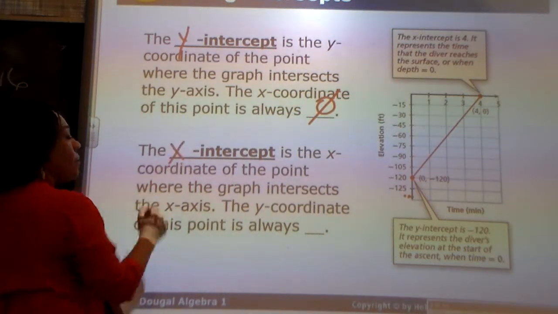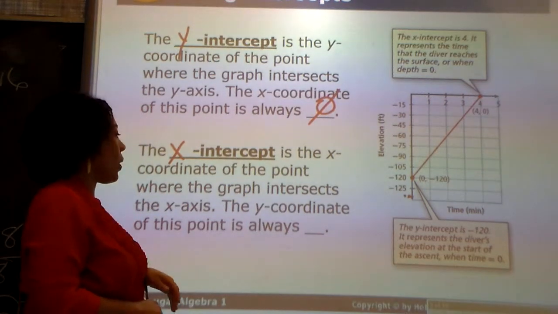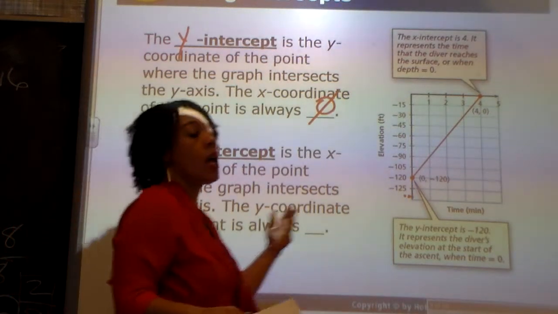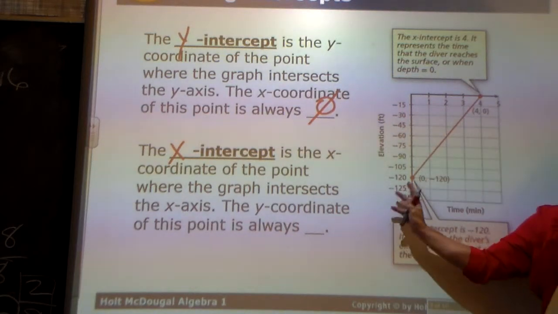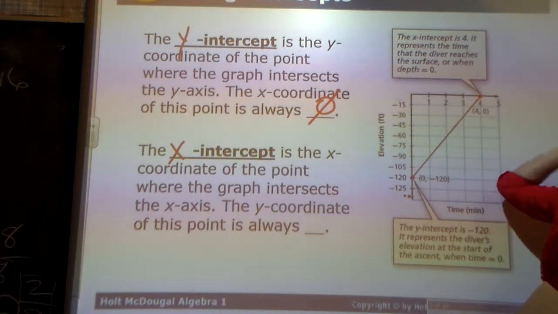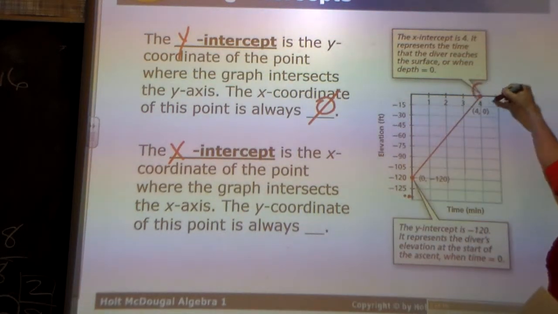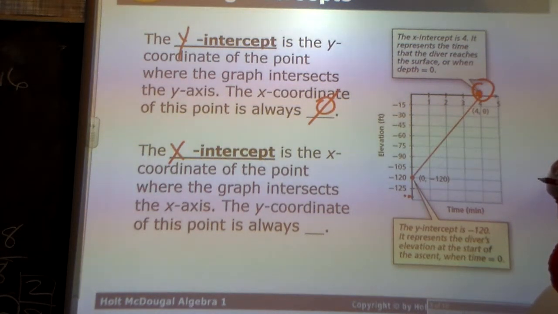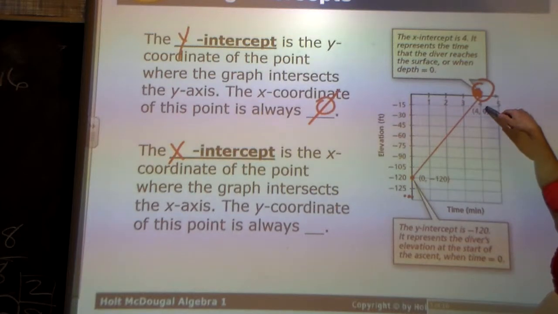Likewise, the x-intercept is the x-coordinate of the point where the graph intersects the x-axis, like we talked about. This graph here shows negative, so it's going down. As this line goes up to the positive right here, the x-axis is right here, we can see that the x-intercept, the point where the graph intersects this x-axis, is at 4.